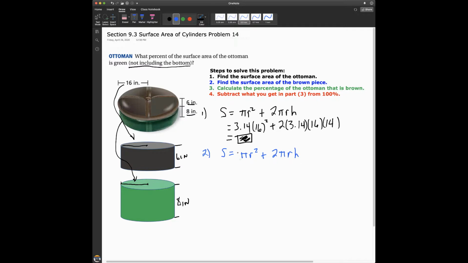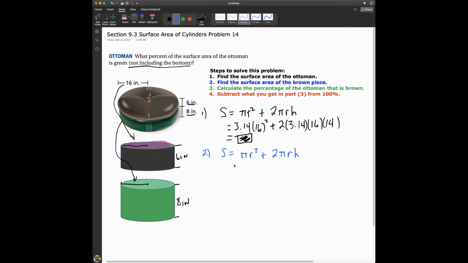Again, I don't need a 2 here because there's only one circle that I need to find the area of, and that's the one on top. Why? Because in the ottoman, the bottom circle is covered by the green part. So I don't need the area of 2 circles, just the area of 1 circle.